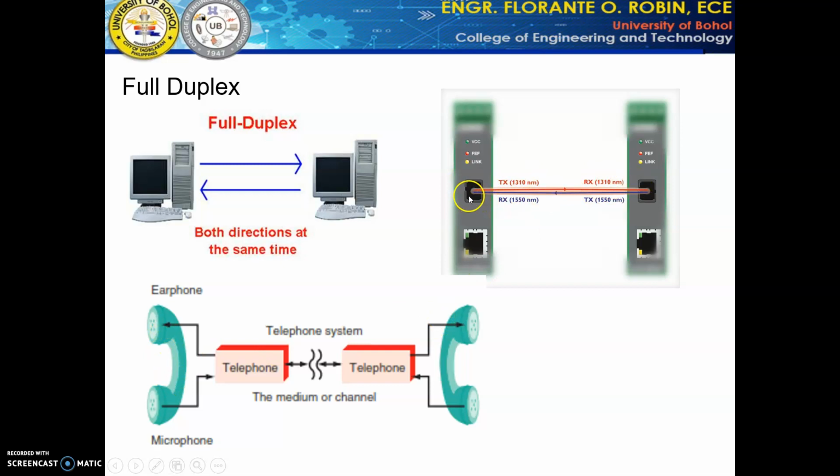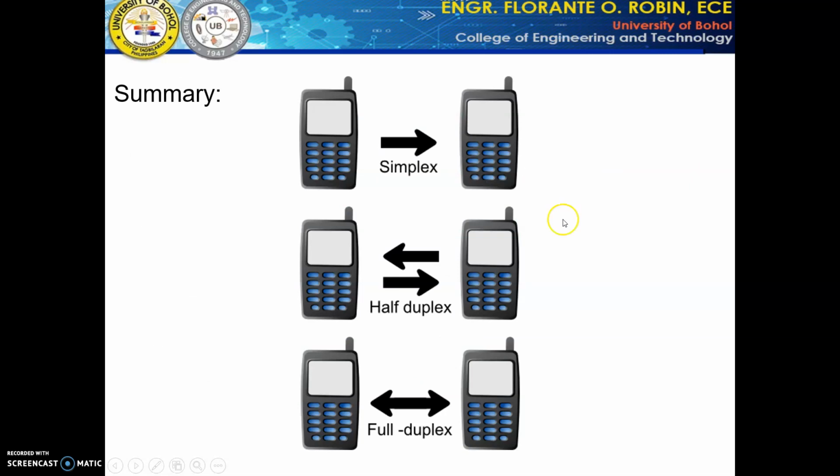So from this equipment or modem A to modem B, so the flow of information here is simultaneous. So summary, simplex, one-way communication, then duplex, two-way communication, which has two types. Half duplex, one party transmitting at a time, then full duplex, simultaneous transmission.